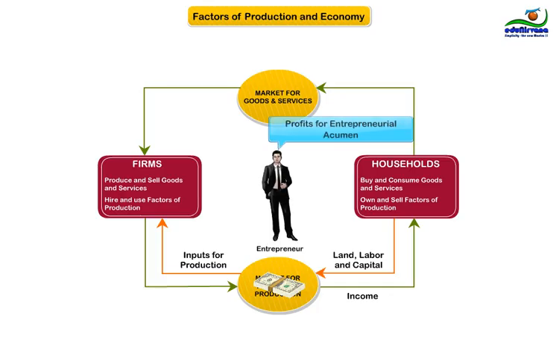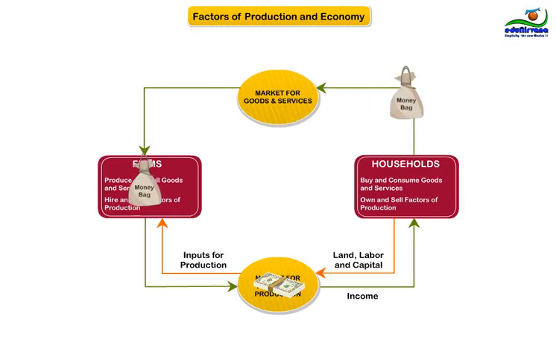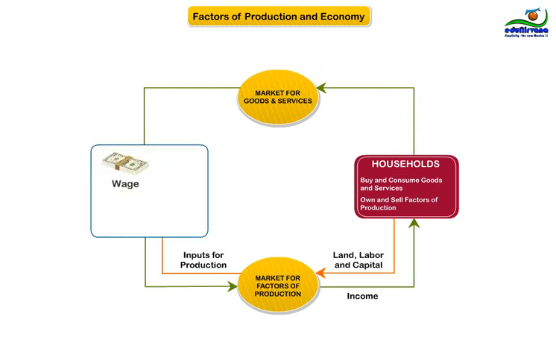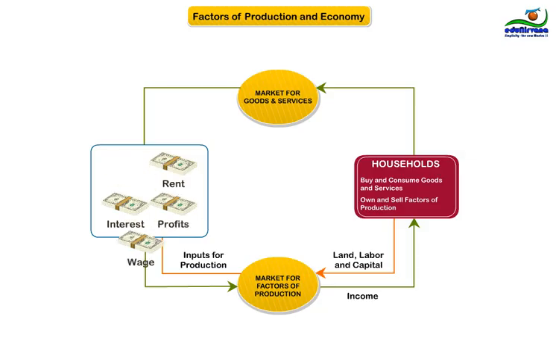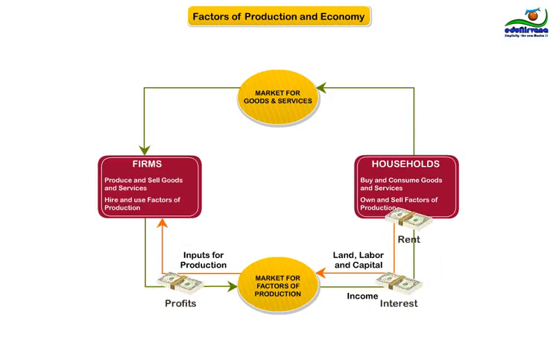What's left is the profit of the firm owners, who themselves are members of households, and profit is the remuneration of their entrepreneurial acumen. Hence, spending on goods and services flows from households to firms, and income in the form of wages, rent, interest, and profit flows from firms to households.